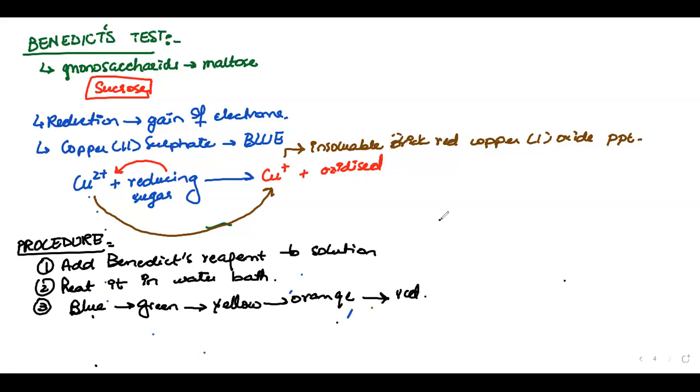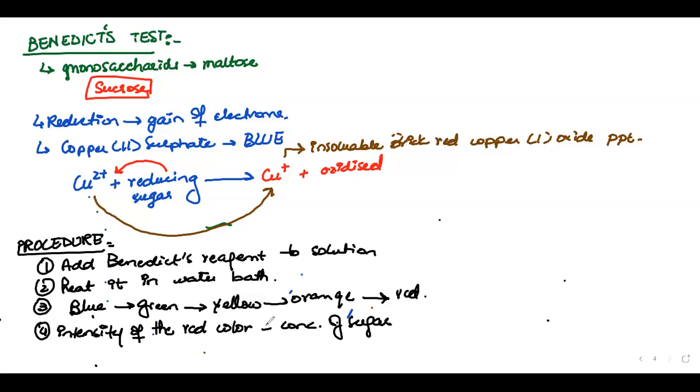Now, when we talk about the red color, remember this: the intensity of the red color is related to the concentration of the sugar. The greater the amount of sugar I have in my solution, the darker red my color is going to be, right?